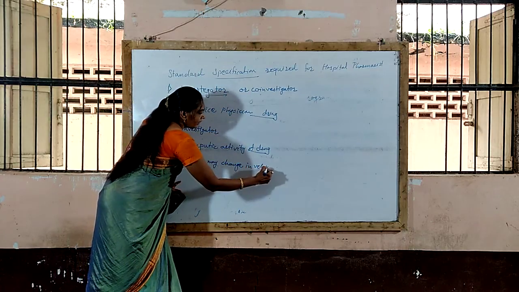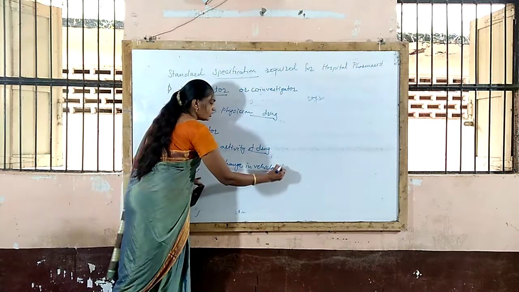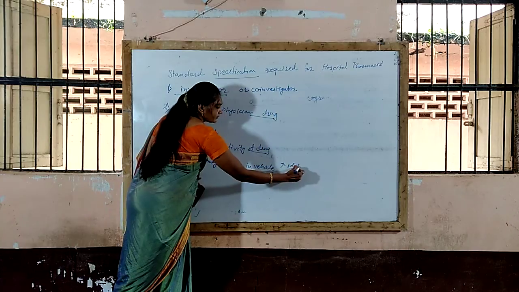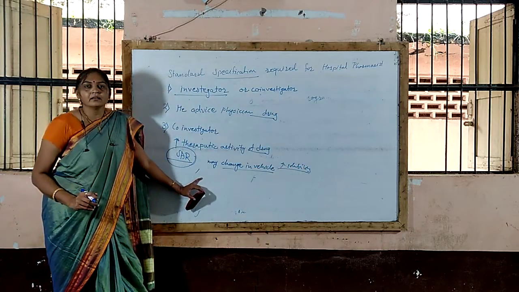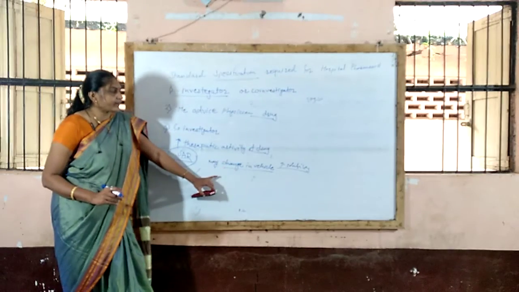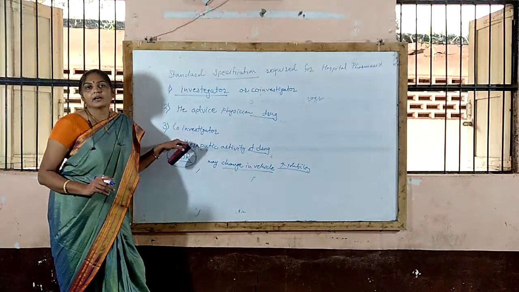Change in the vehicle of a drug may increase or decrease the solubility of the drug. By changing the vehicle, the solubility of the drug is changed, and there may be an increase or decrease in therapeutic activity.